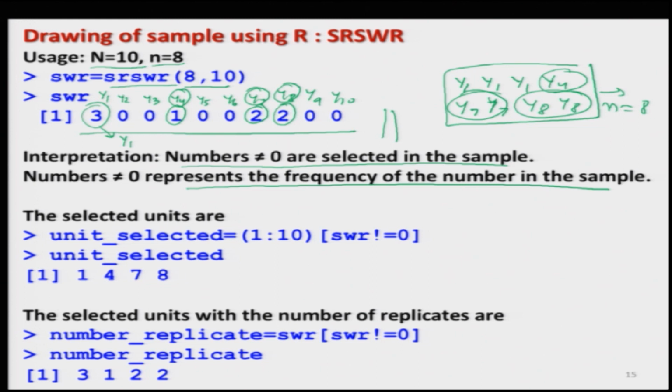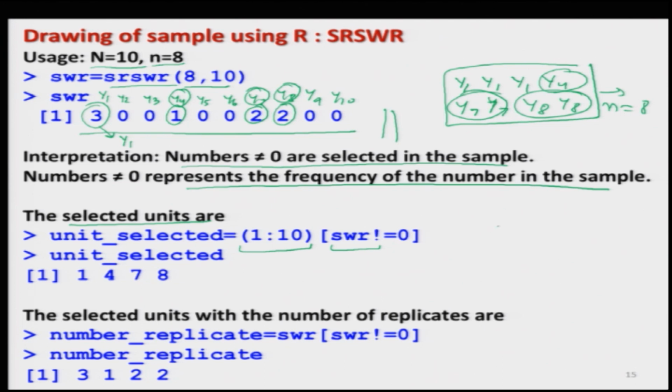Remember, I am asking only the units which are selected. I am not asking for the frequency. So, in case I want to know the selected units, then I can use the command 1 to 10, which was my population size, because here the population is given as integer, and then I am trying to find out the values of SWR which are not equal to 0.